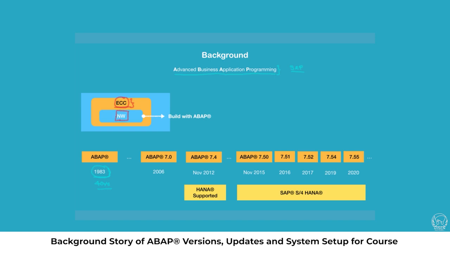NetWeaver is primarily built with the ABAP programming language, and if you want to extend capabilities in your business, you would use ABAP to add features or create custom functionalities. So ABAP is basically used to extend the capability of the existing ERP system.